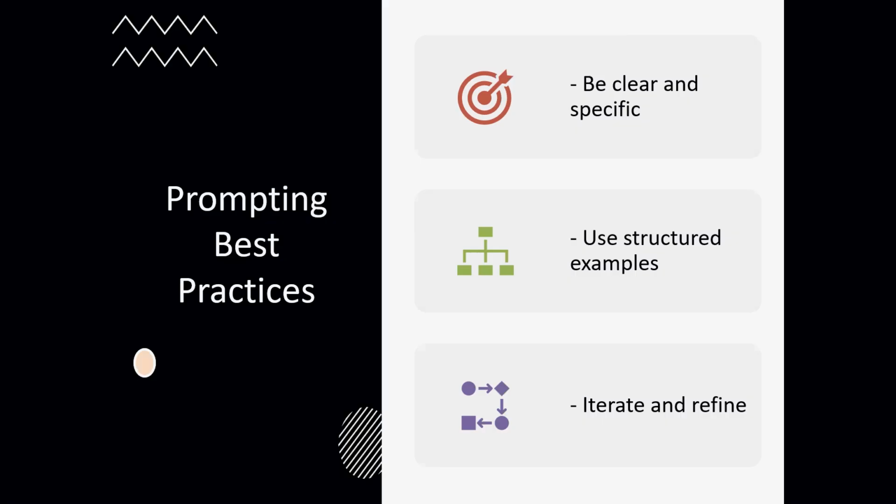Bear in mind that every model is different. GPT-3 might give a completely different response than GPT-4, even though it is created by the same company. And Llama 3, which is from Meta, can also give a completely different response.